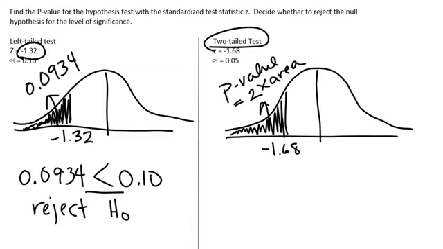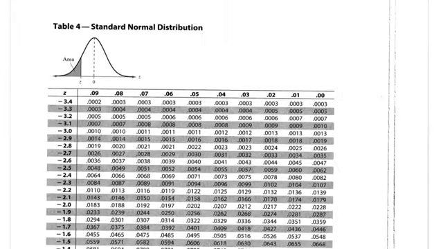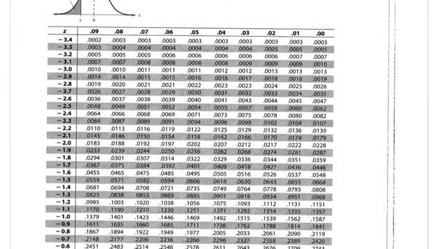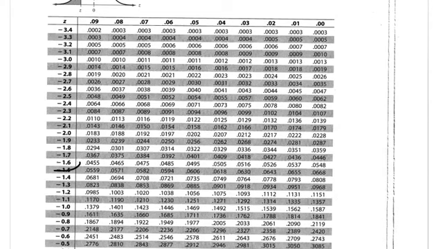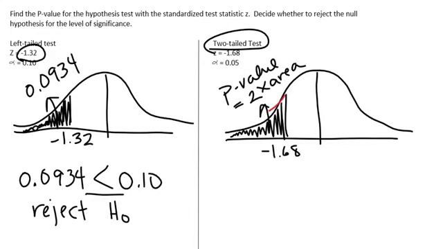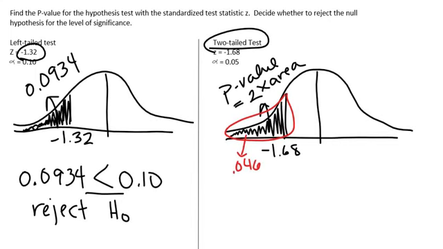Now let's go to our table to find the area under the curve to the left of negative 1.68. Here's my curve again. I'm looking for negative 1.68. So we have 0.0465. So this area is 0.0465. So the p-value is twice 0.0465.